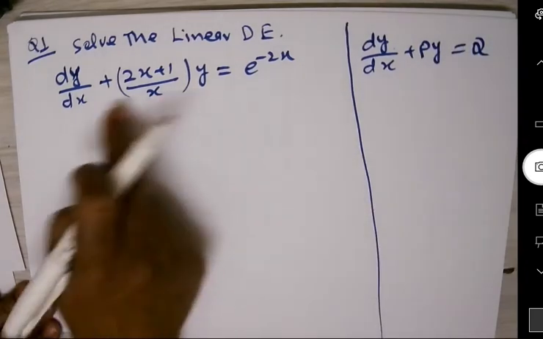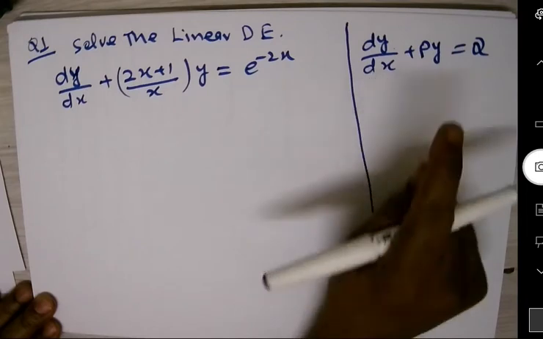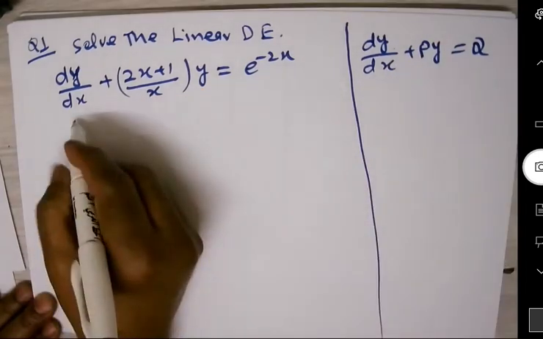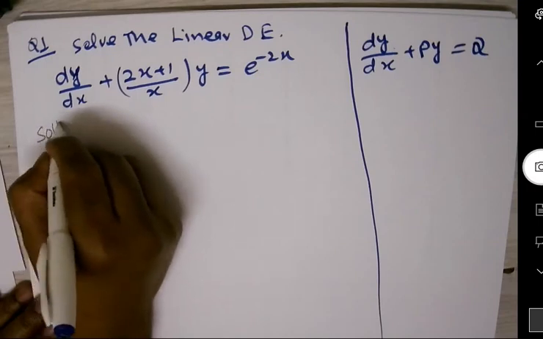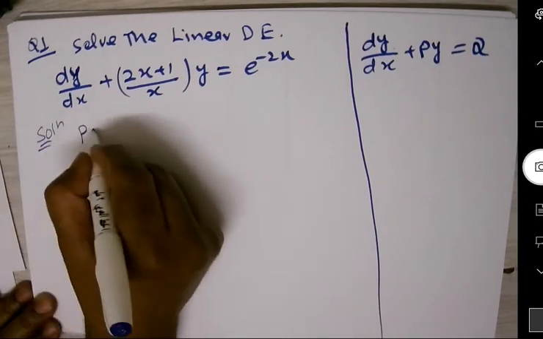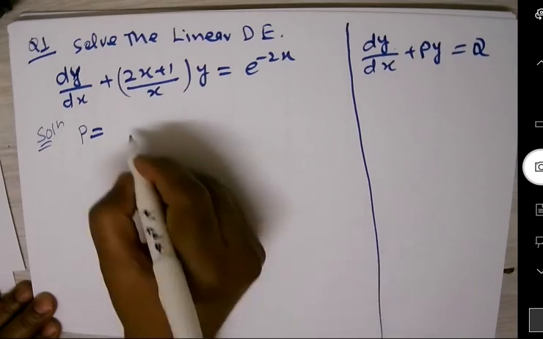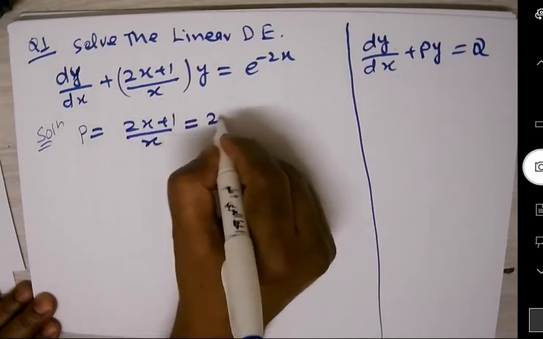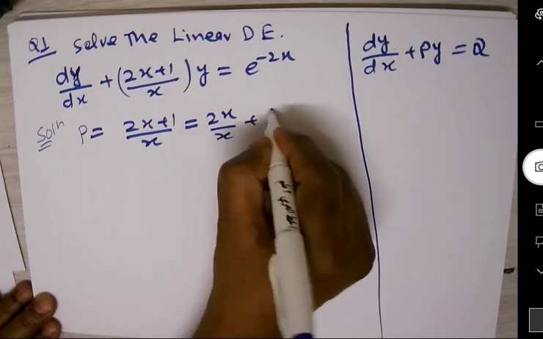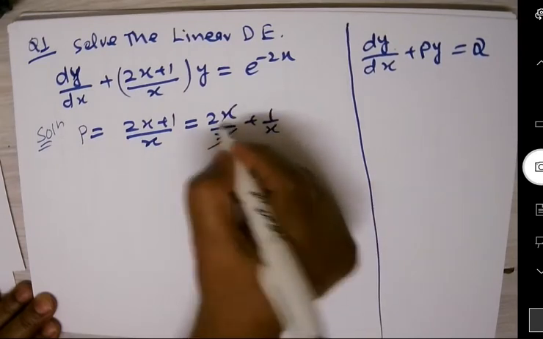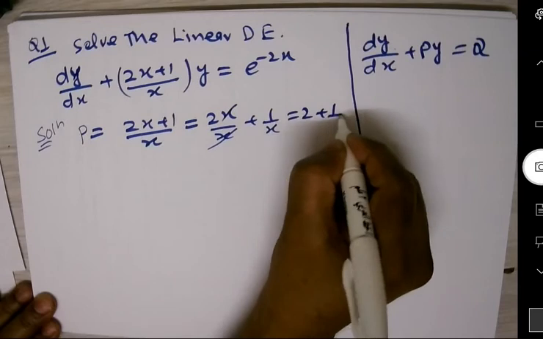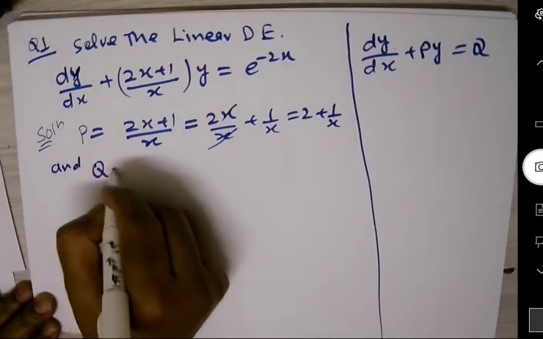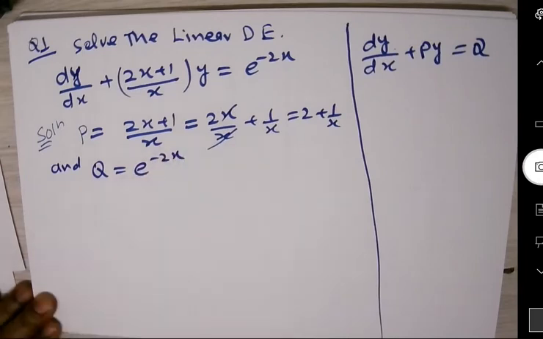See, dy/dx is here, y is here, but in place of p, we have this. So p will be (2x plus 1) divided by x. We can simplify it as 2x divided by x plus 1 by x. Cancel this one, so it is coming 2 plus 1 divided by x. And q is equal to e power minus 2x.